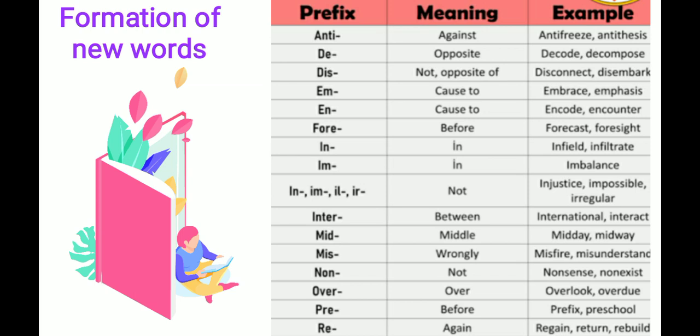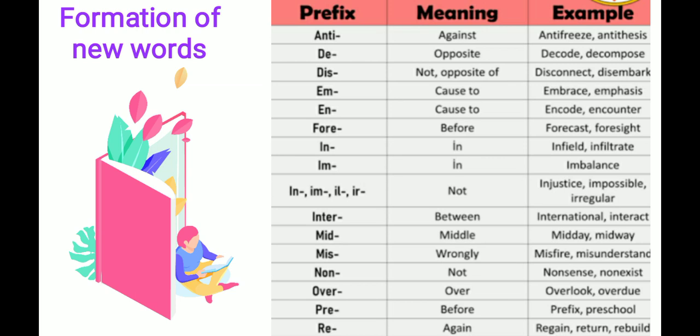Just like this, if we add de with the root word code, it will become decode. Again, if we add de with compose, it will become decompose. The meaning of de is opposite, and the meaning of the new word formed by adding de will also be changed.